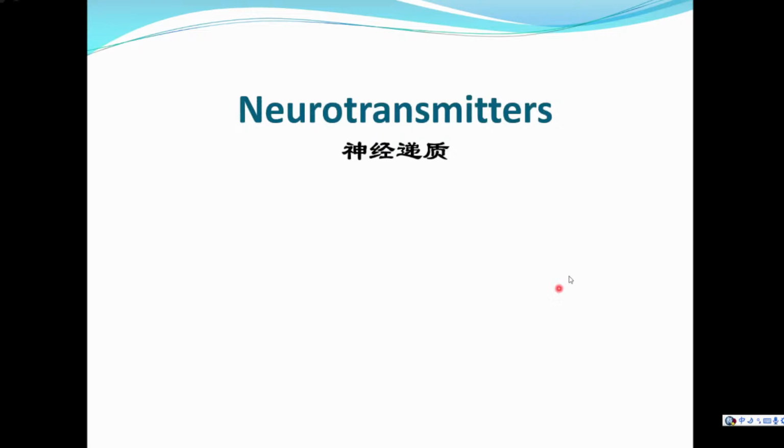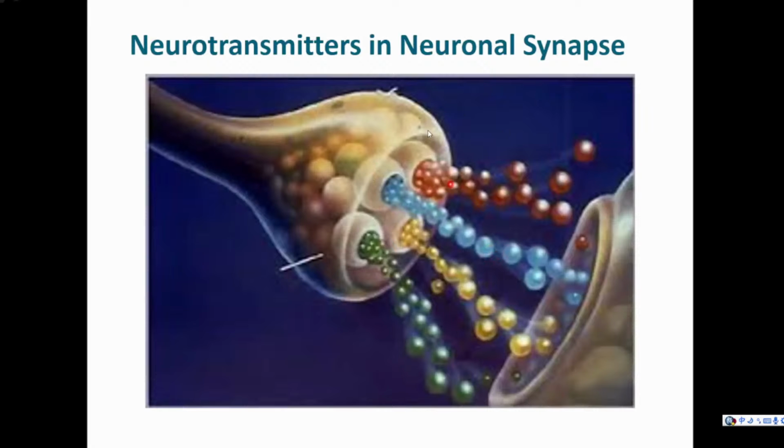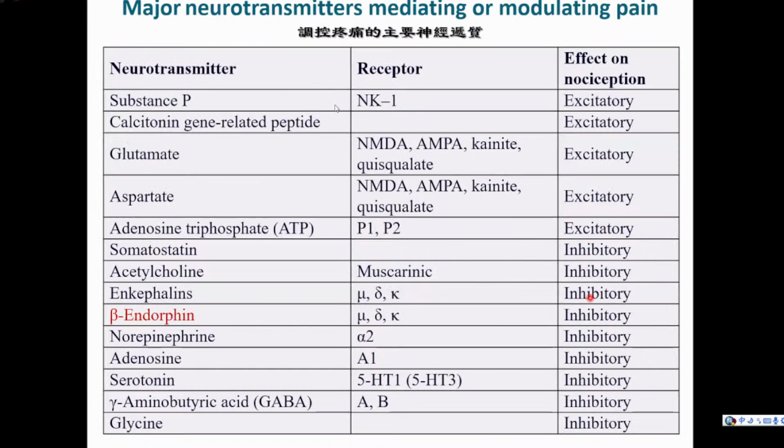All right. Then there are a couple of neurotransmitters that I want to show. This is another picture. Oh, I'm not going to go through this. There are lots of neurotransmitters. Substance P and beta endorphin are commonly discussed, but actually there are more than beta endorphin. Many, because beta endorphin is the most widely studied and researched.